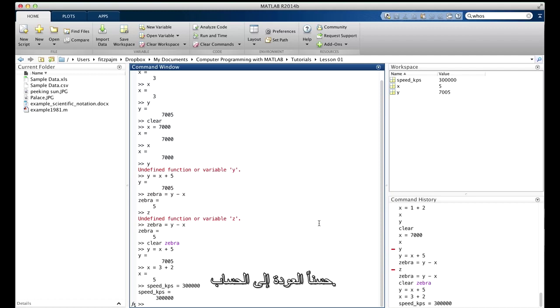Okay, back to the calculation. To compute a light year in kilometers, we multiply the speed by the number of seconds in a year. First, let's put the number of seconds in a year into a variable. I'm going to call it year_sec. And that's equal to the number of days in a year, which is 365.